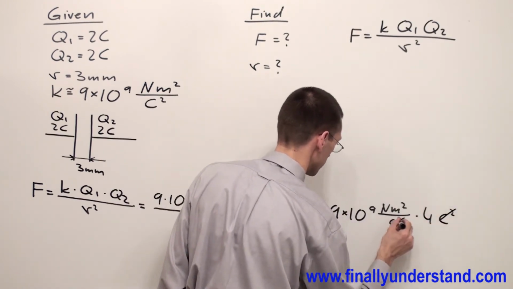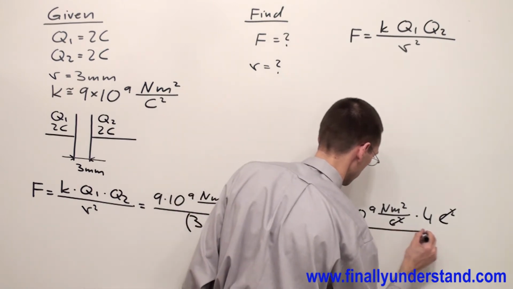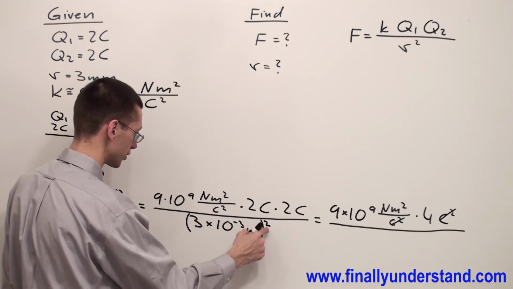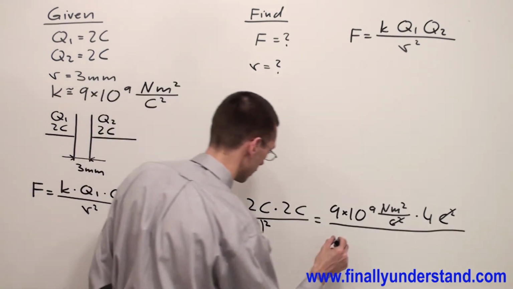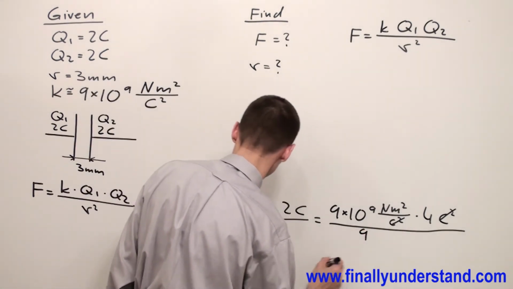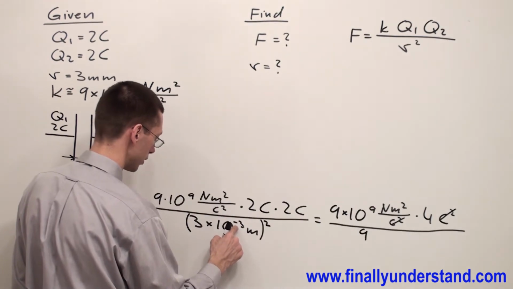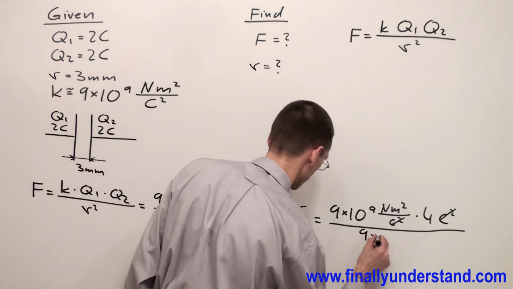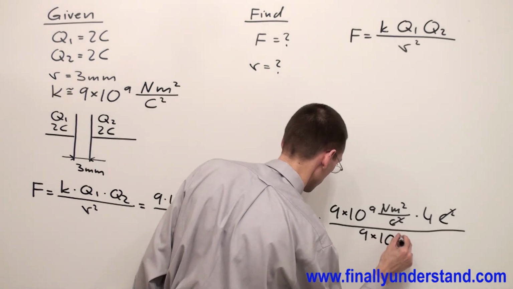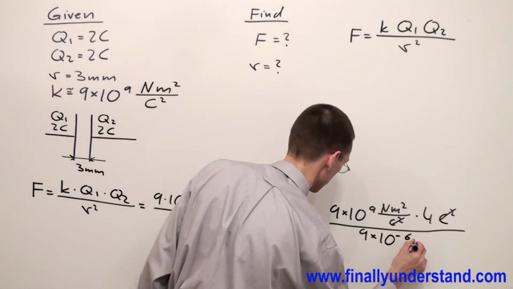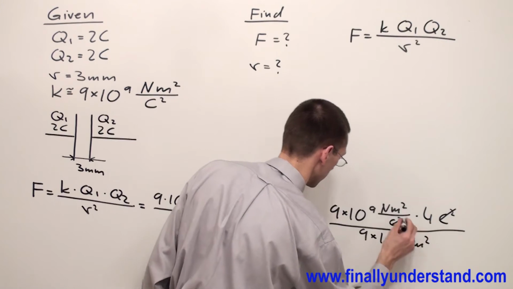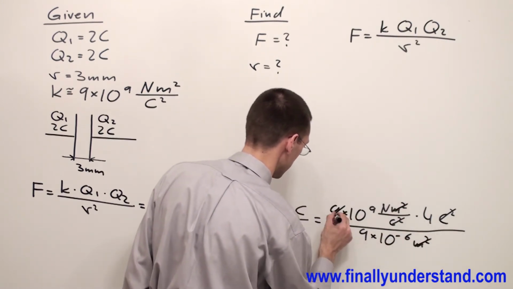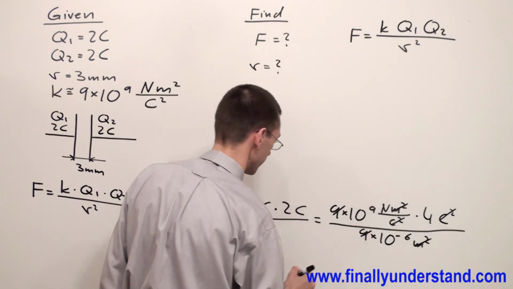Coulomb square and coulomb square will cancel out, over 3 to the second power, which is 9, and negative 3 times 2 gives me negative 6, so 10 to the negative 6 meter square. Meter square and meter square will cancel out. 9 and 9 will cancel out.